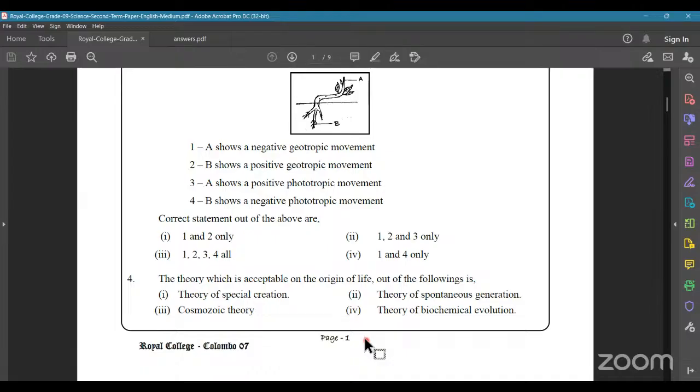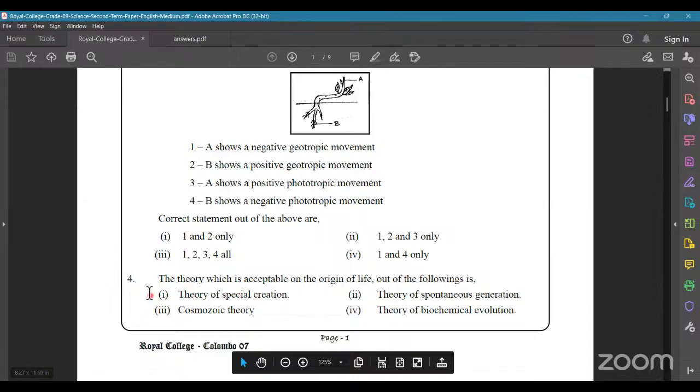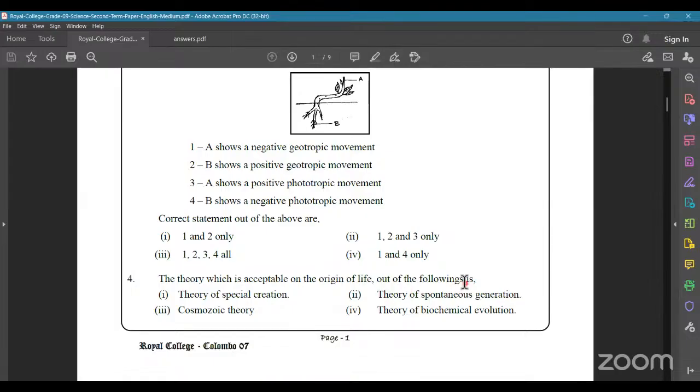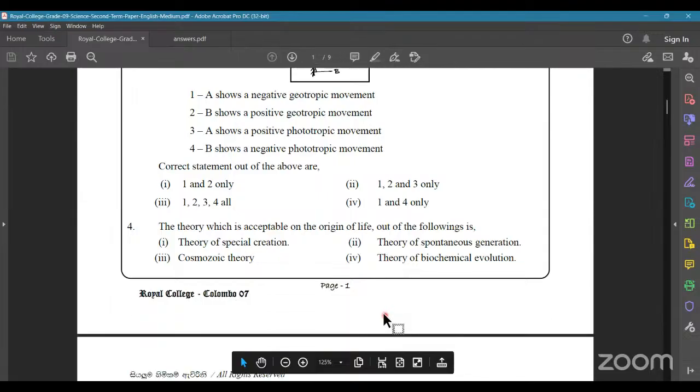Until 10, ma'am. Okay, Mahdi, it's lagging. I couldn't hear you clearly. That's fine. Okay, so let's go to the fourth question. The theory which is acceptable on the origin of life out of the following is. So, what do you think the answer is?